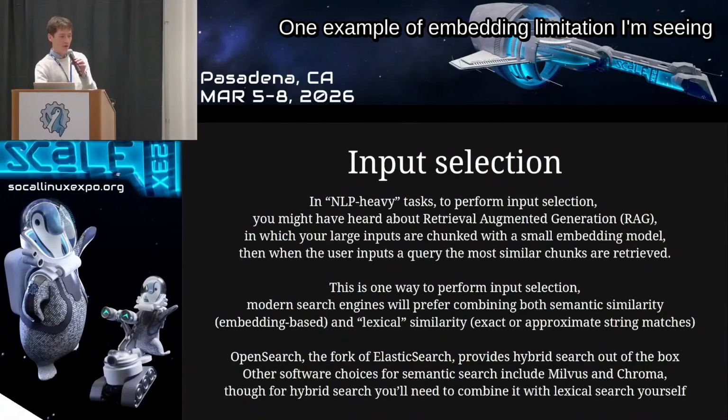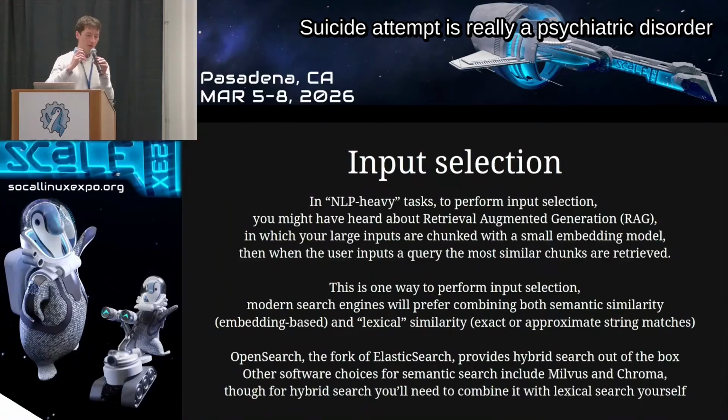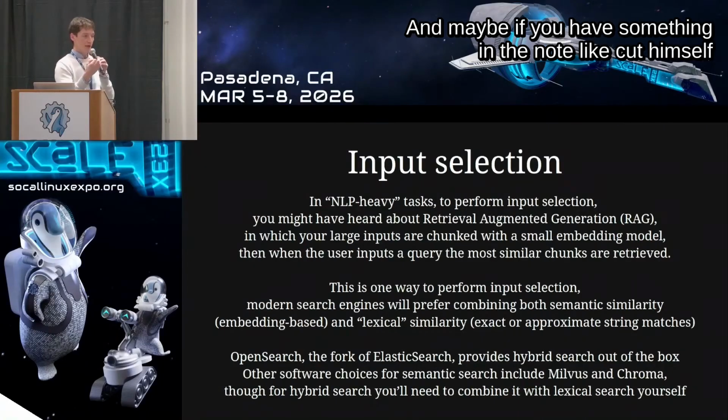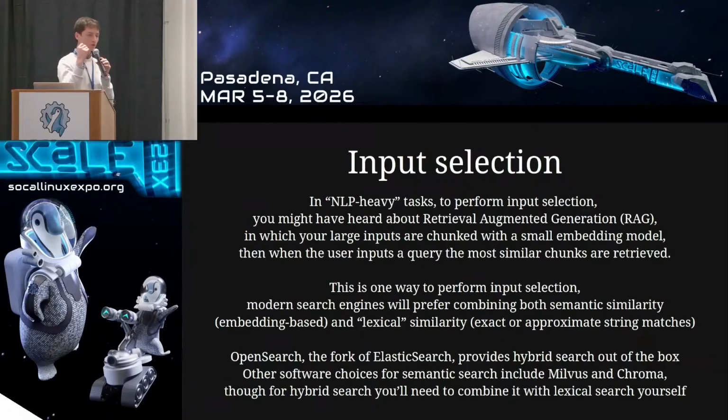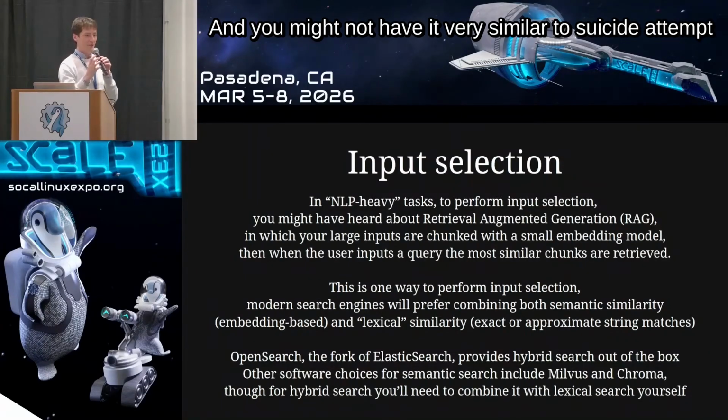One example of embedding limitation I'm seeing is for the LLM and the embedding models, suicide attempt is really a psychiatric disorder. So it will be very close to psychosis, hallucinations, and maybe if you have something in the note like cut himself, it will rather classify that as a small injury, and you might not have it very similar to suicide attempt.